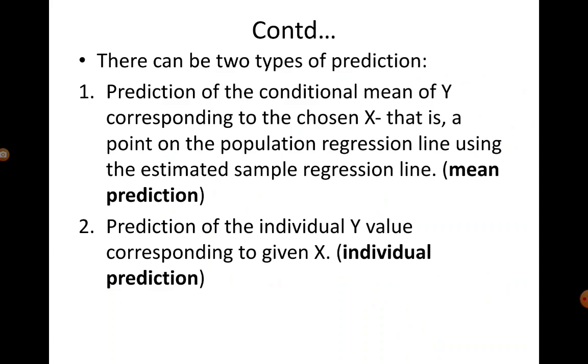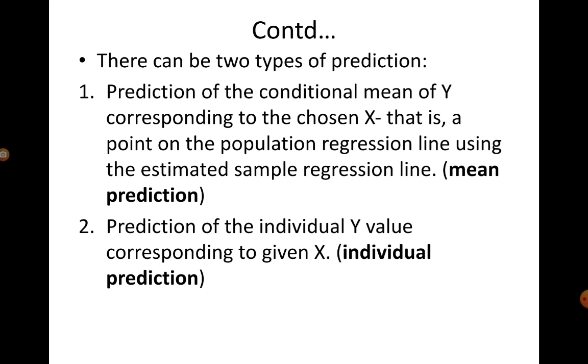Right? So, like I was saying, you can either try to predict the conditional mean of y corresponding to the chosen x, that is, a point on the population regression line using information from the SRF. Or the second type of prediction is to predict the individual y value corresponding to a given x.